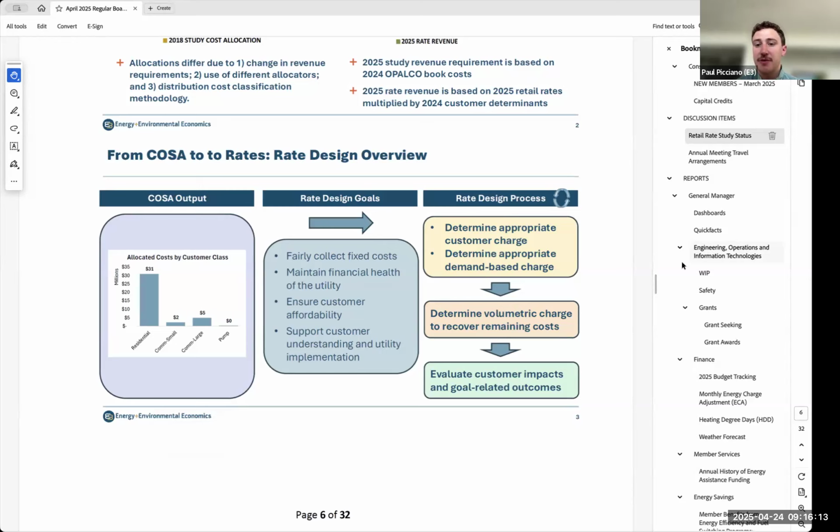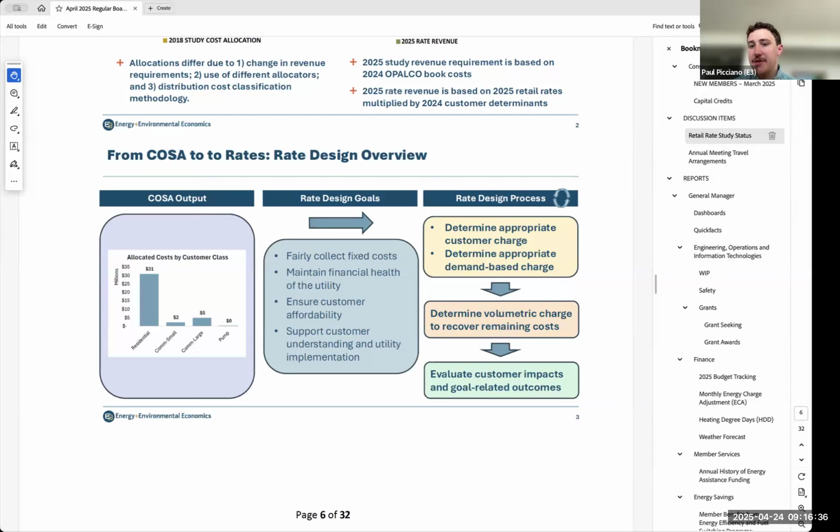Ensuring customer affordability is another very important goal, and also supporting both customer understanding of rates and the ease of implementation of the rates from the utility side. So given all those goals, and in order to collect the costs identified in the COSA, you can think of this as a few-stage process.